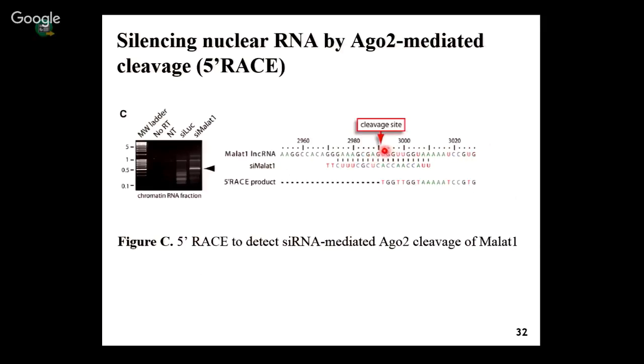Because the RNA is converted to a cDNA, the U is converted to T, so TGG along to GTT is identical. So we can see after siRNA treatment, here it is si-MALAT1, that generated a 5' RACE product indicated by the arrowhead. And for comparison, the si-luciferase treatment or no reverse transcriptase or no treatment will not generate any 5' RACE product.